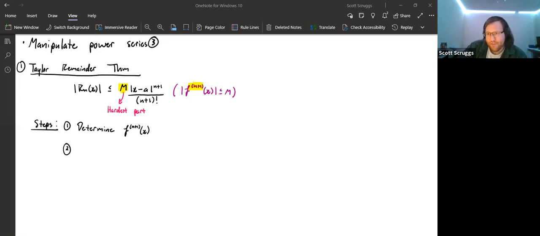The next step, and typically this is going to be the part that helps figure out what a good candidate for M is, is to determine if that n plus 1 derivative is an increasing or a decreasing function.